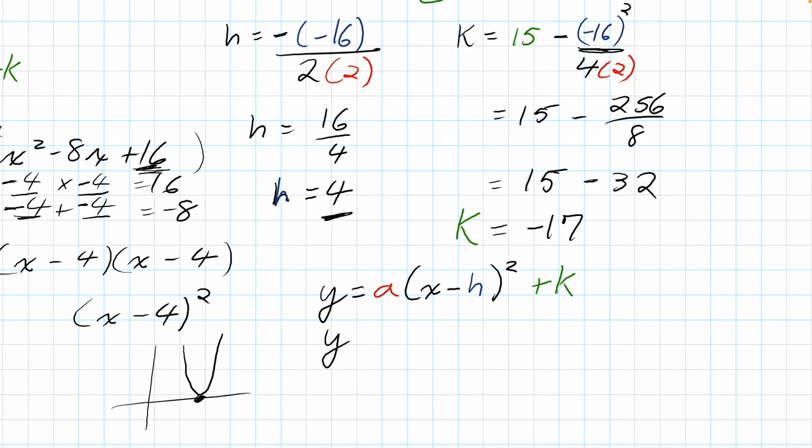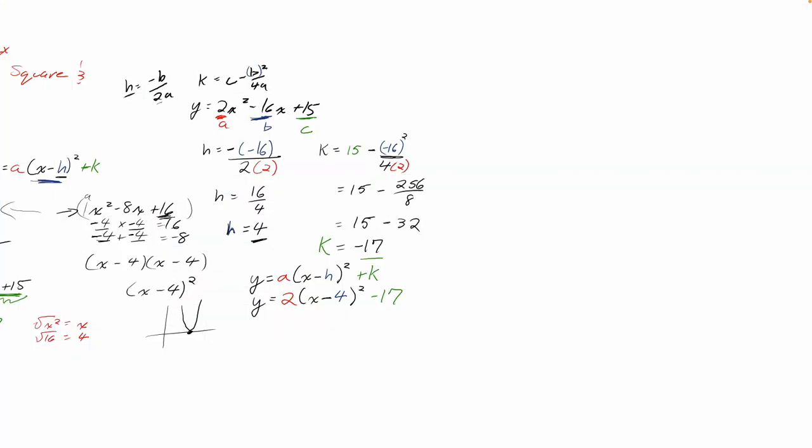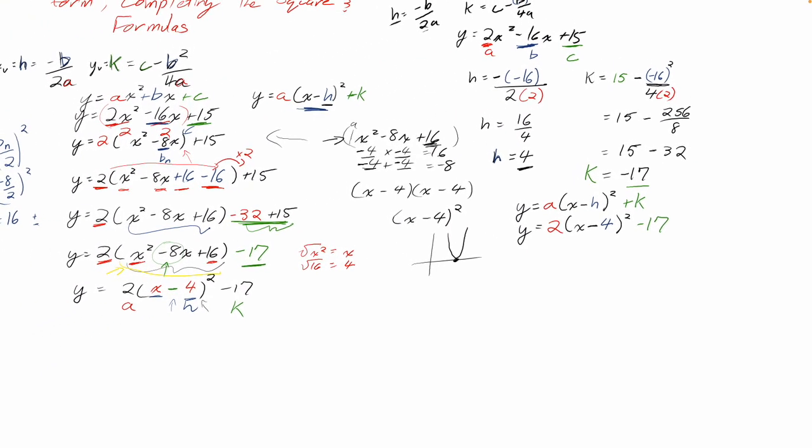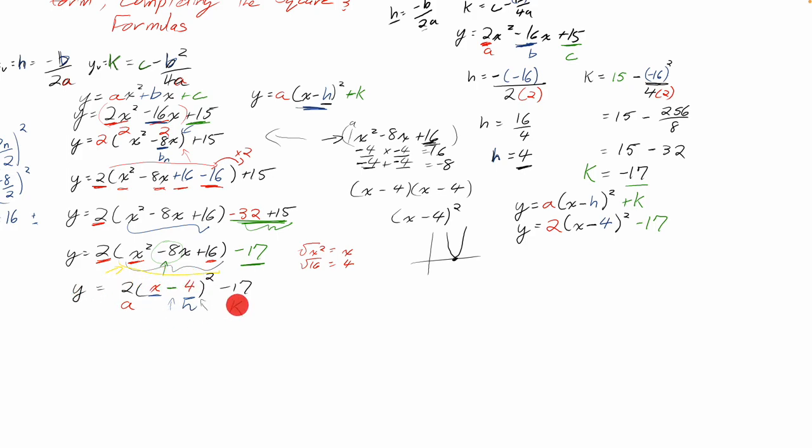So if you recall, the a value was 2. I plug this in, x. The minus comes along. It's part of our equation. So we put our negative in there. Our h should be 4 squared. And our k should be negative 17. And if we zoom out, that is the exact same thing we found here.